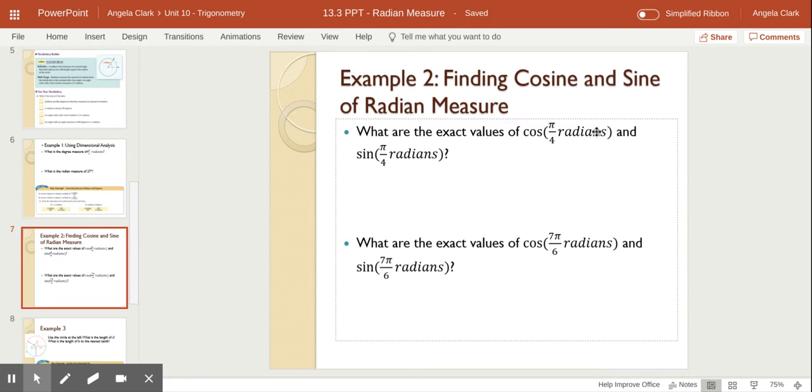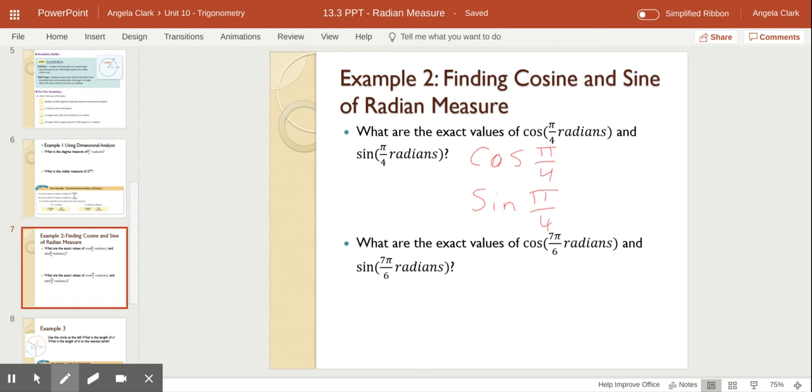I don't expect you to write "radians" every time. That would be silly. So most of the time you would just see this as cosine pi over 4. And the fact that it has a pi in it is telling me that this is in radians. The question doesn't need to tell me that.